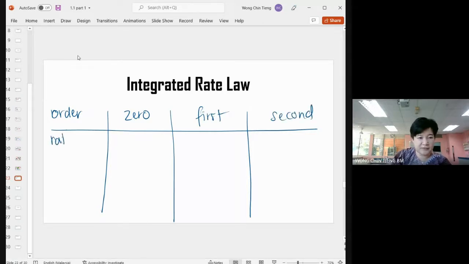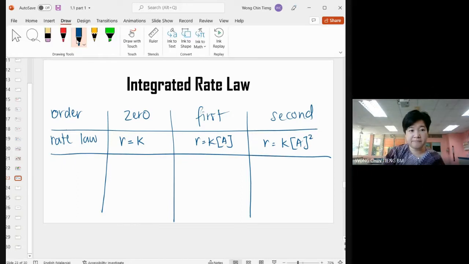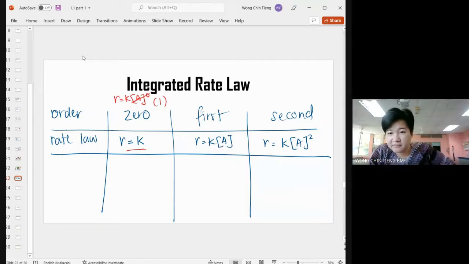Kita pergi kepada rate law sikit. Your rate law will be R equals to K, R equals to KA to the power of 1, R equals to K to the power of 2. Ada orang tak setuju? Nampak kenapa R equals to K? Because it should be R equals to KA to the power of 0. Okay? Happy with that? Setuju ya?